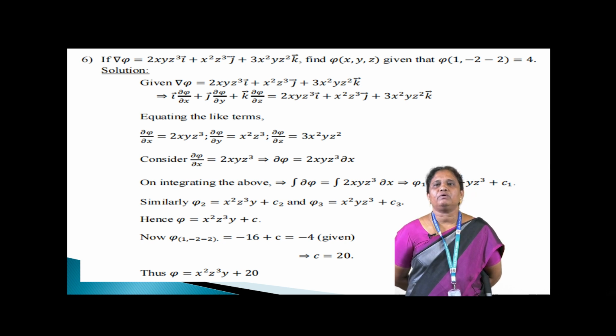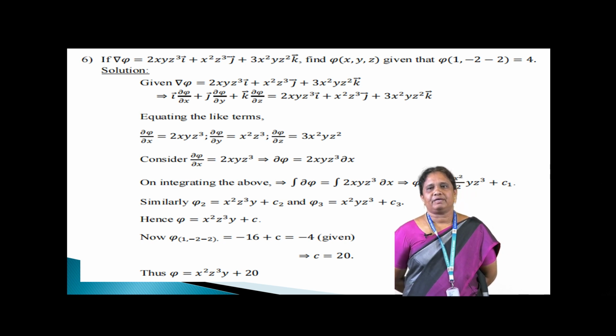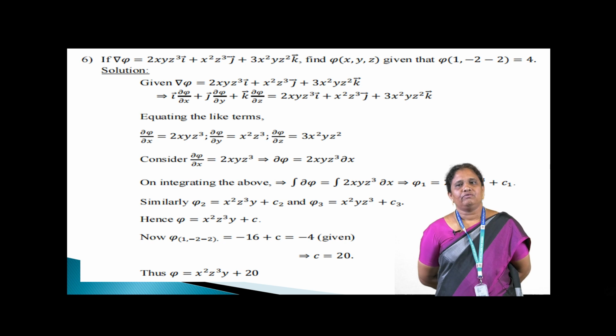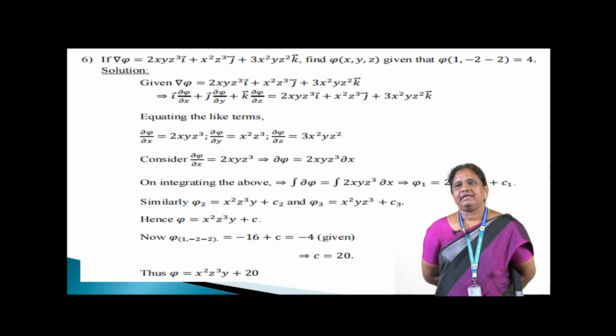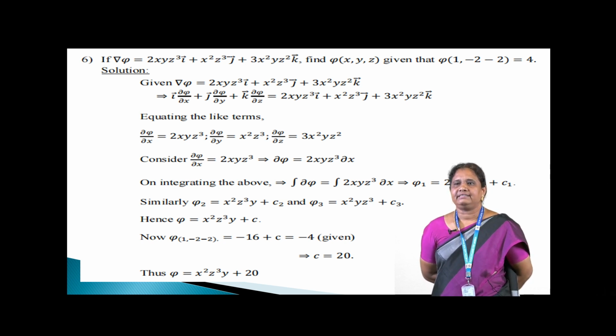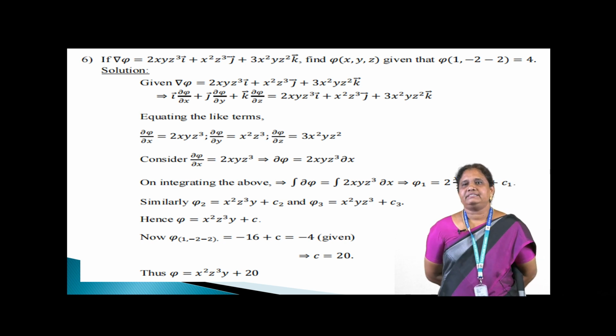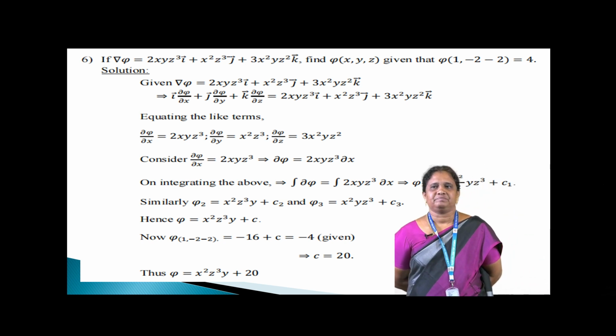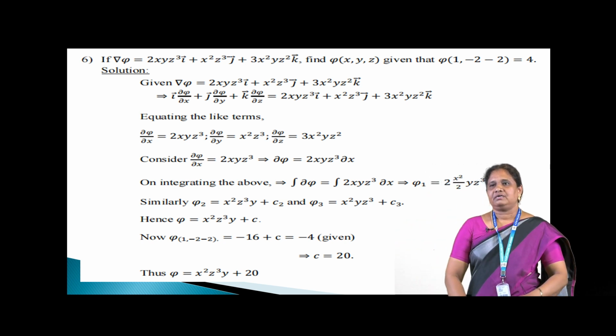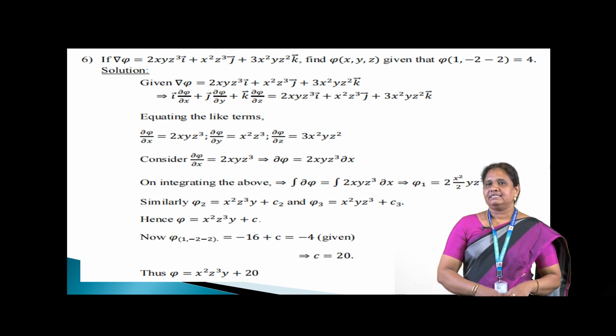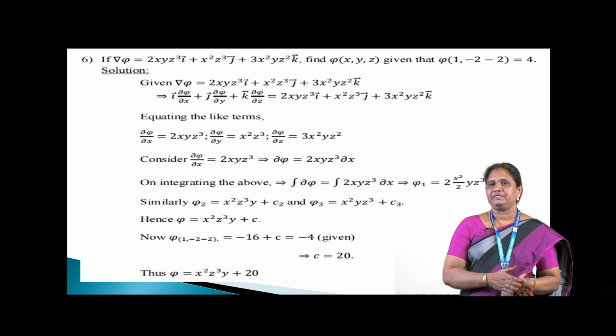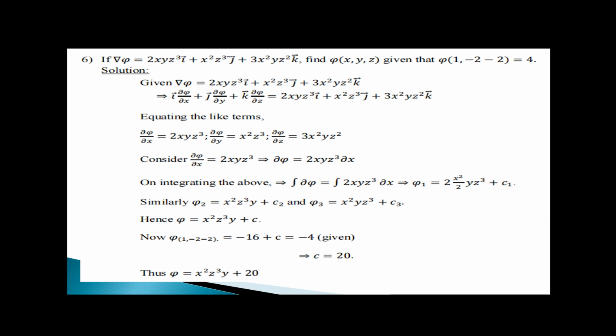Now we have to consolidate phi from these phi 1, phi 2, phi 3. So how will you consolidate? You have to select the non-repeated values on the right hand side. In the first answer we have x square yz cube. In phi 2 also we have the same term x square yz cube, and similarly in phi 3.